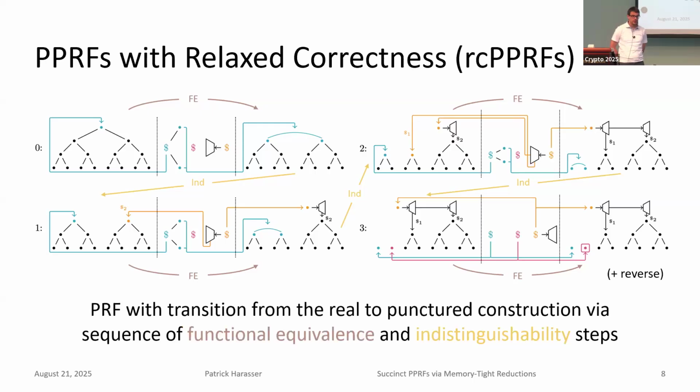We call PRFs that have this property PPRFs with relaxed correctness, or RCPPRFs. So to reiterate, an RCPPRF is a PRF that allows transitioning from the real to the punctured program by a sequence of functional equivalence and indistinguishability steps. For now, this is just an abstraction of what we've seen in the example. And the proof that I've shown you shows that GGM is an RCPPRF.